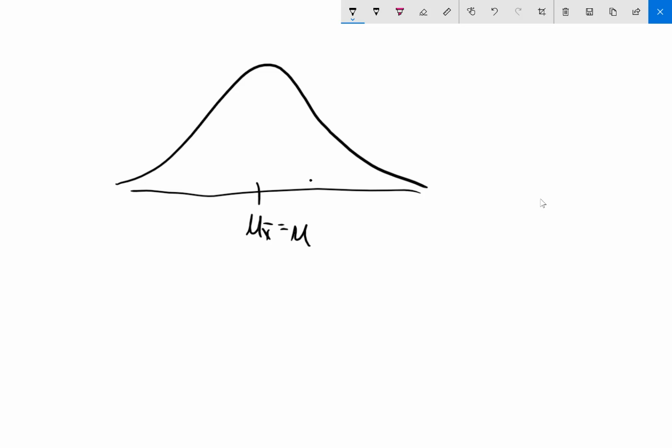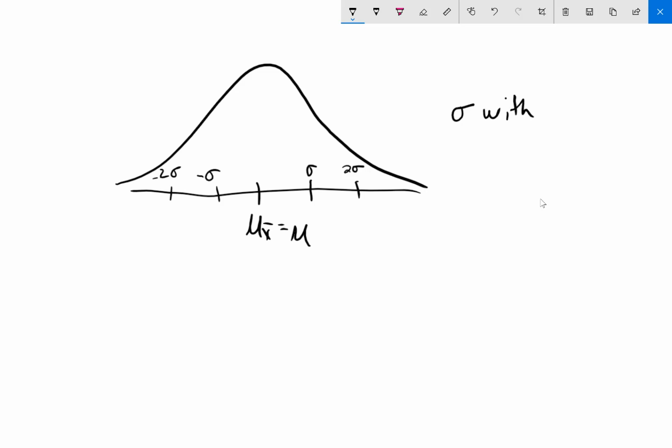And let's say this is really where sigma is, one standard deviation away. And this is really where two population standard deviations is away. And likewise, -1 standard deviations away, -2 population standard deviations away. What's happening is, in our sample, we are estimating sigma with s.